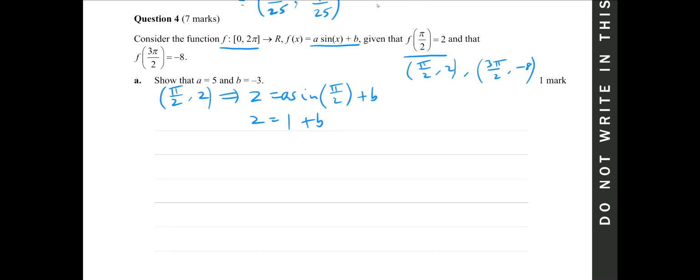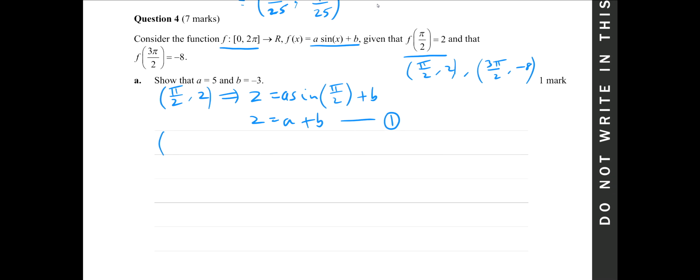Now, there was an a there, so I'll just quickly fix that up. There's meant to be an a in front of the sine. So 2 equals a sine pi over 2 plus b, and then a times sine of pi on 2 is a times 1, which is just a. So 2 equals a plus b, that is equation number 1.